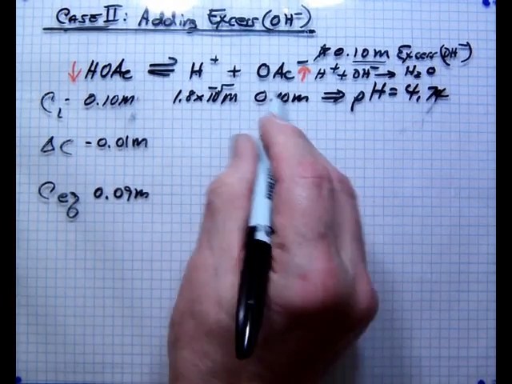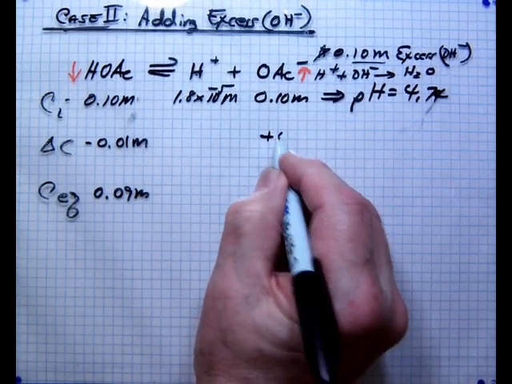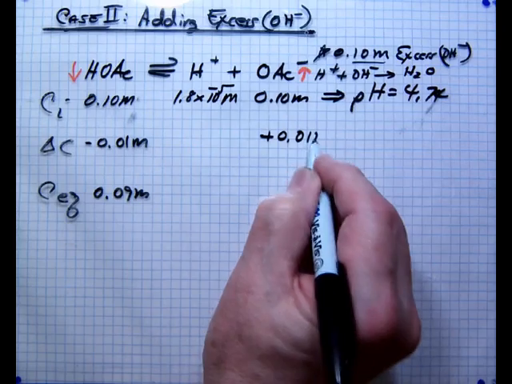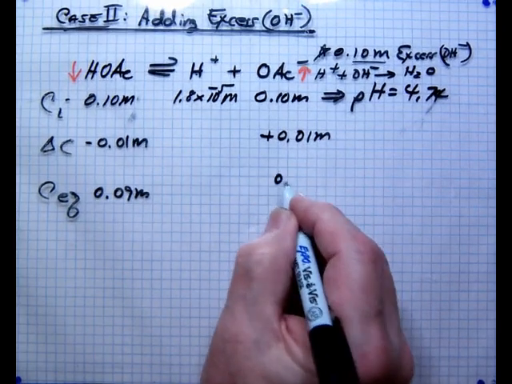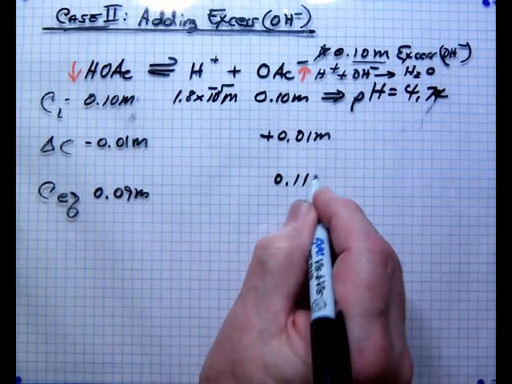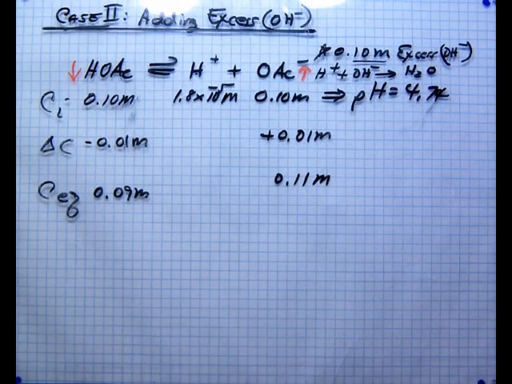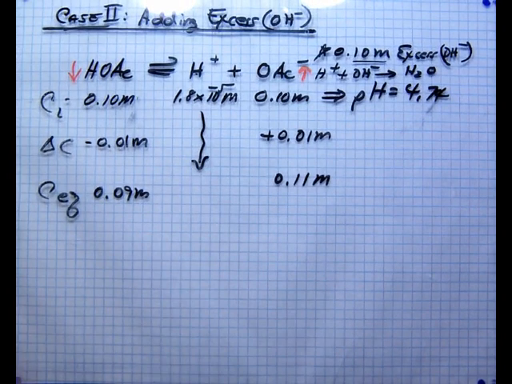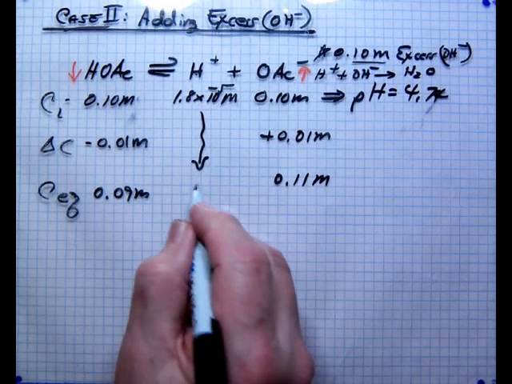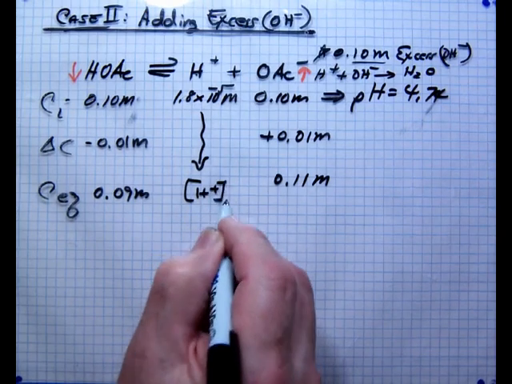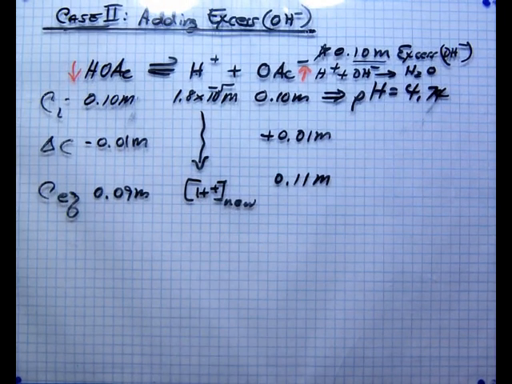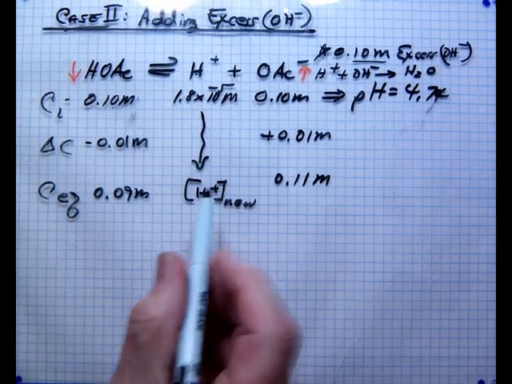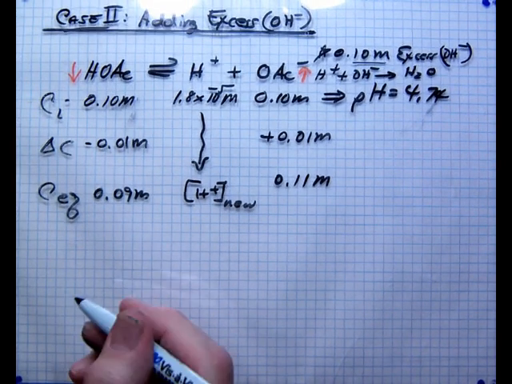And this one increases because it's shifting to the right, by 0.01 molar, and at equilibrium is 0.11 molar of conjugate base. Now, of course, when you reach the proper concentrations, this will establish a new hydronium ion concentration, which we calculate in the same way we calculated it when we added the excess acid.